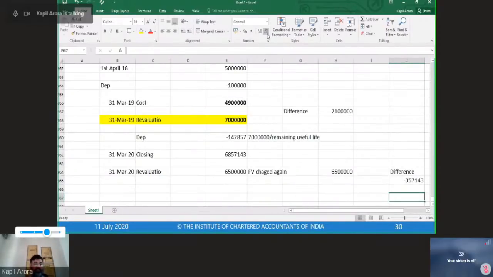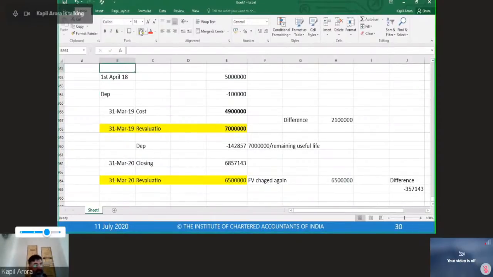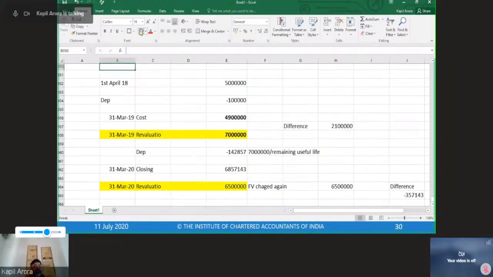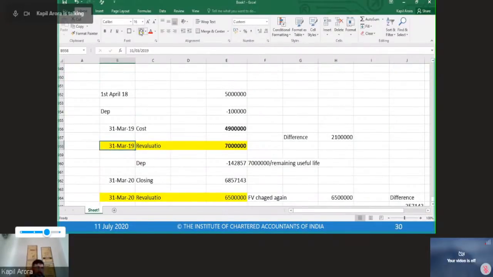Is this okay with everybody? What to do with the depreciation, what to do with the revalued amount, what to do with the difference, all that we'll be covering tomorrow when we'll discuss more about the revaluation model. Anybody has any question, please quickly ask. We just have a few minutes. Right now, we have just understood the meaning of revaluation.